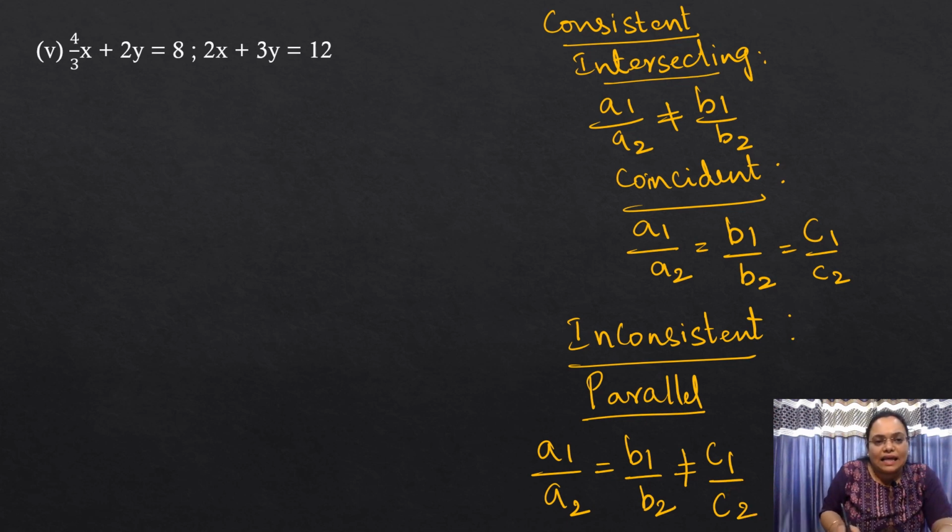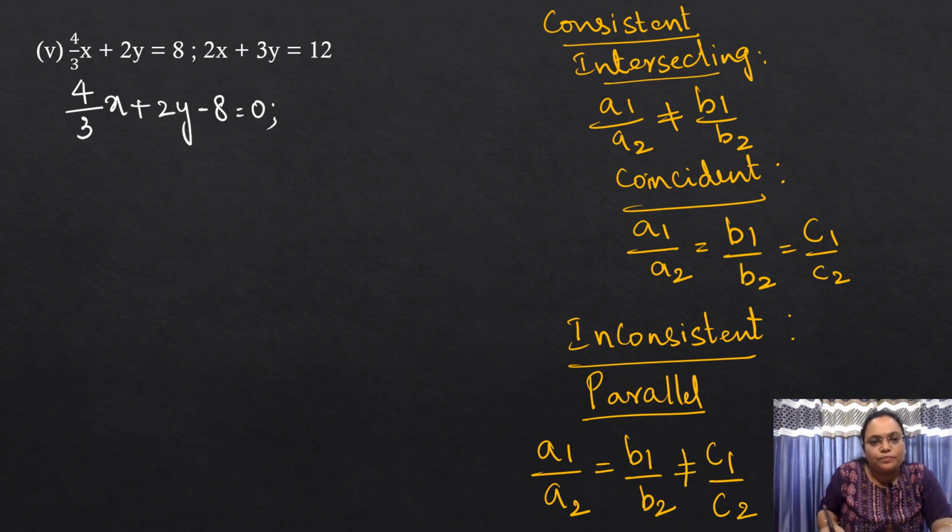Now let us get the equations into general form. Let us convert these two equations into general form. 4 by 3x plus 2y minus 8 is equals to 0 and 2x plus 3y minus 12 is equals to 0.